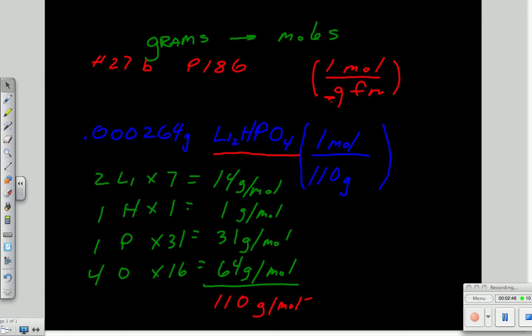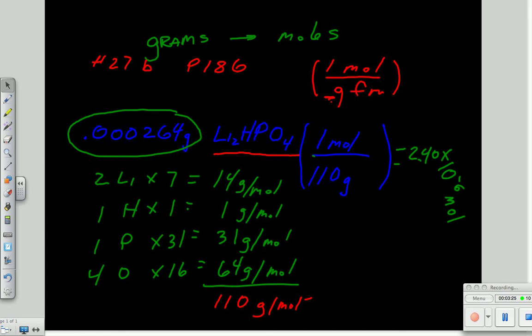So mathematically, I take 0.000264, multiply it by 1, divide it by 110, and what I'll end up with is an answer of 2.40 times, I'll run out of room, 10 to the negative 6th moles.